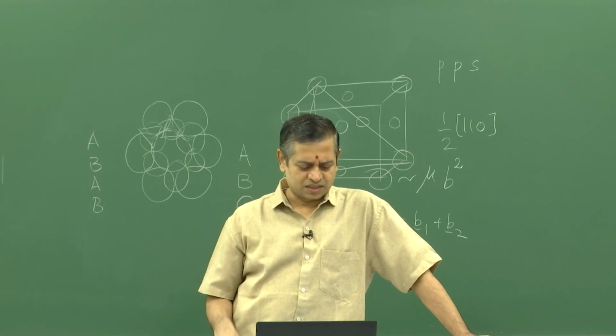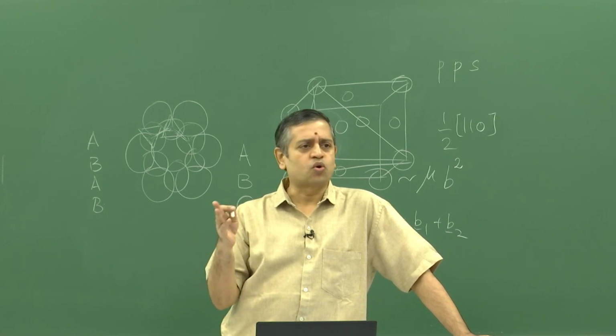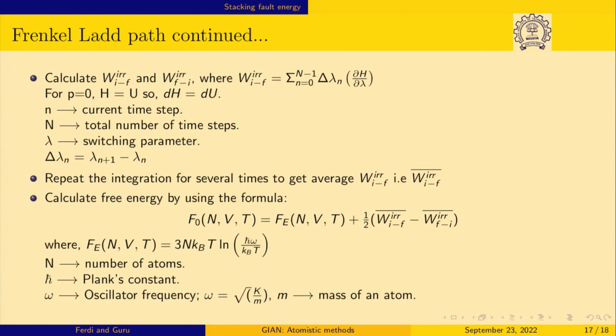And then the steps are very simple, and this code I have already shared. I am putting it here in the slide so that when you look at the code, if you have a question about what the steps are and so on, you can come back and check. We had a long discussion yesterday about switching parameters, switching times, and how we calculate using the Frenkel-Ladd path. That is the Frenkel-Ladd expression, and you can see F Einstein is 3N kBT ln(h bar omega by kBT), which Ferdi derived.